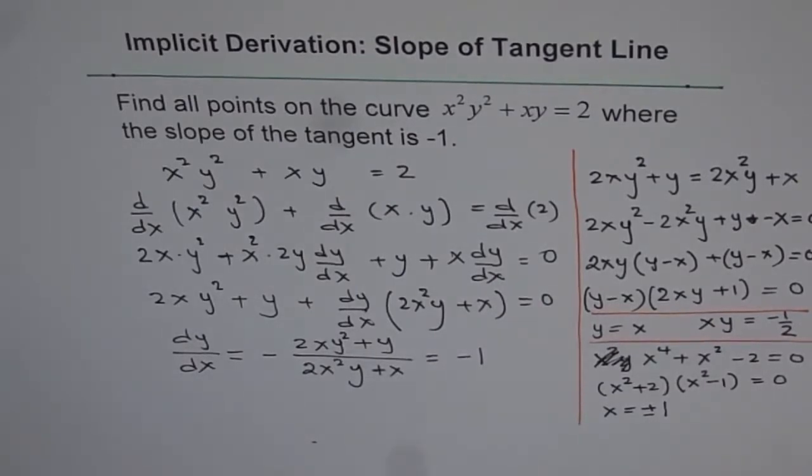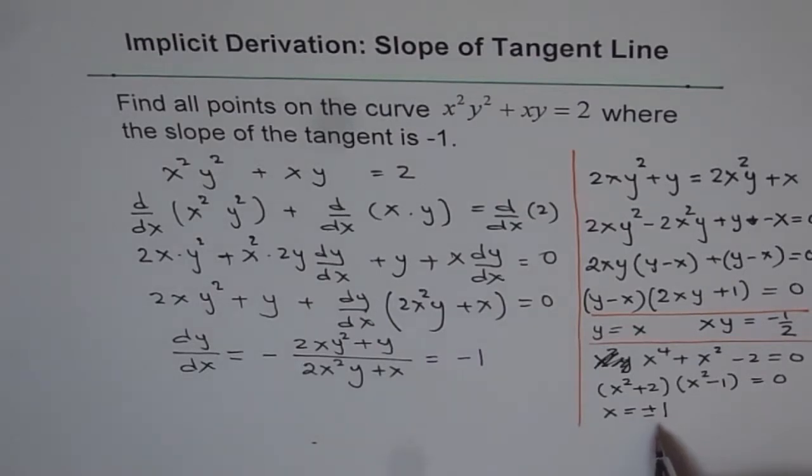So that is how we can find 2 points which will give us a slope of tangent line as minus 1. When I plug in x as plus or minus 1, what do I get for y? So we'll calculate the y point also. Let me calculate first for 1 and then we will do for minus 1.